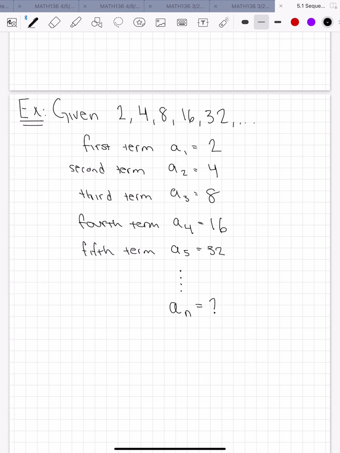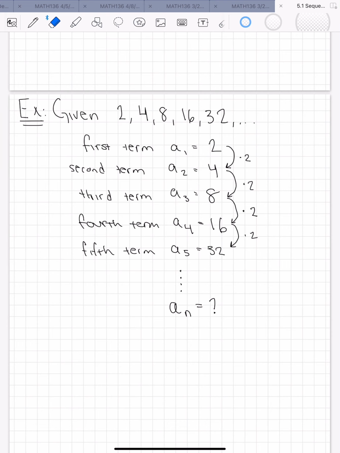What we want to figure out is how we can write a formula for a_n. So we have to look at all of our previous terms. If we look at 2, we go from 2 to 4 by multiplying by 2. To go from 4 to 8, we multiply by 2. To go from 8 to 16, we multiply by 2. So that's our pattern: we're multiplying by 2 every time.